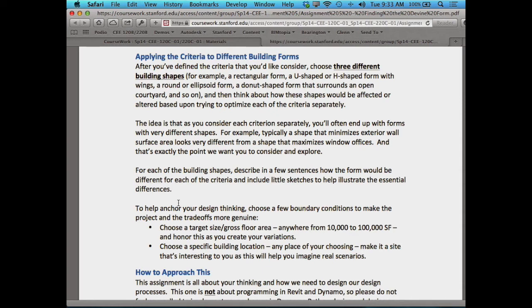If you were really going to take that building, with this type of form, and try to maximize the solar insolation because you wanted the most ability to collect energy through solar panels or something like that, what could we do to that form, independent of any other criteria? What would we want to do to the form?